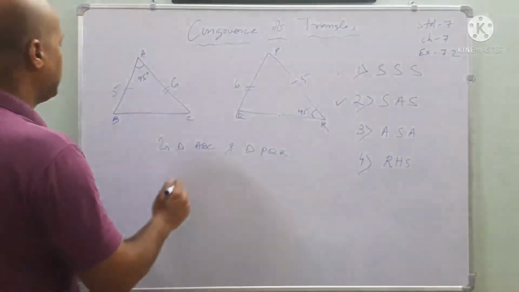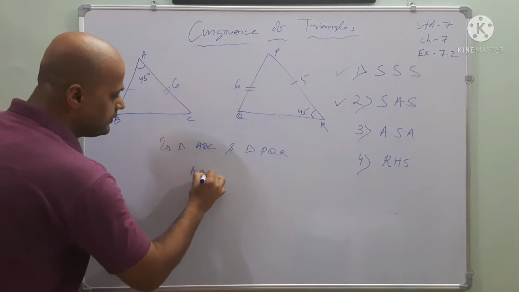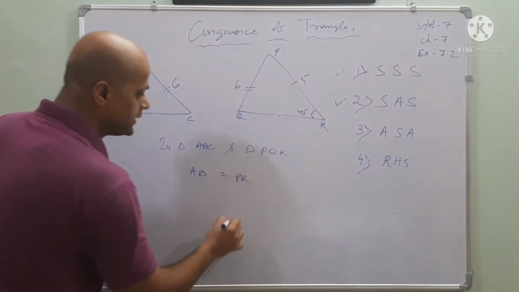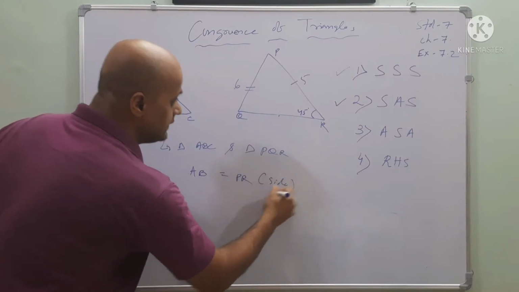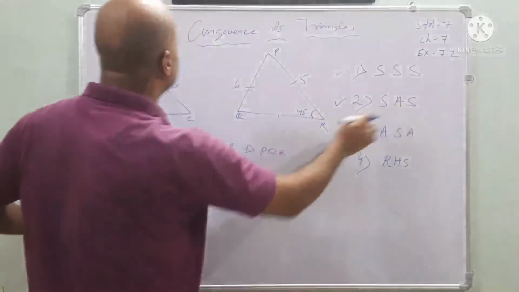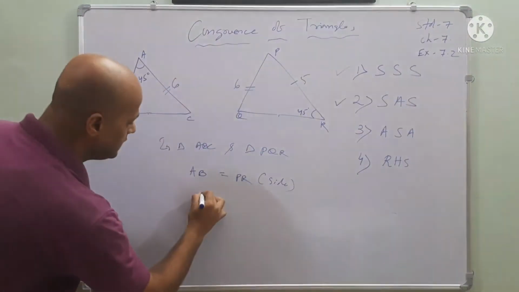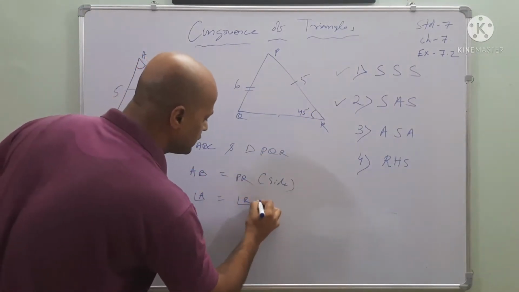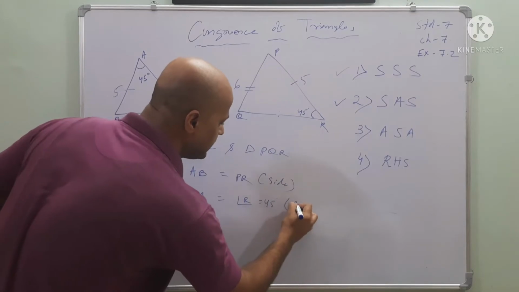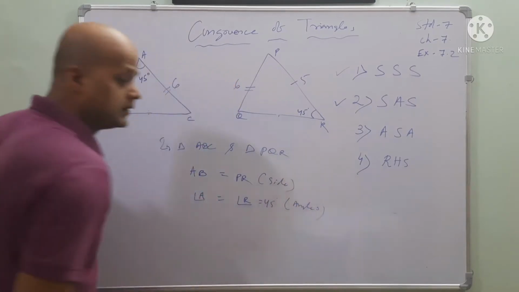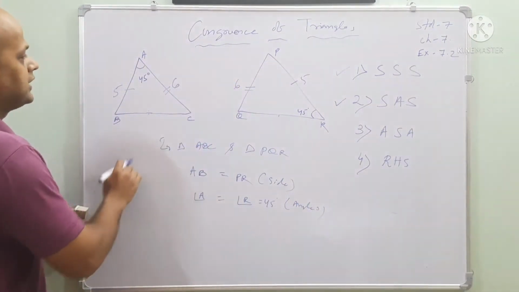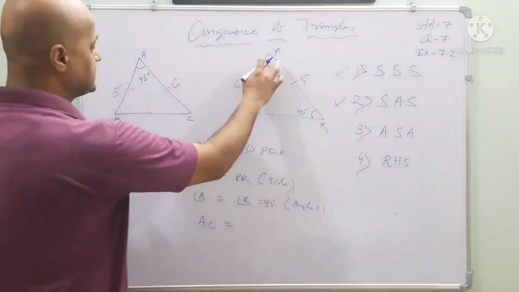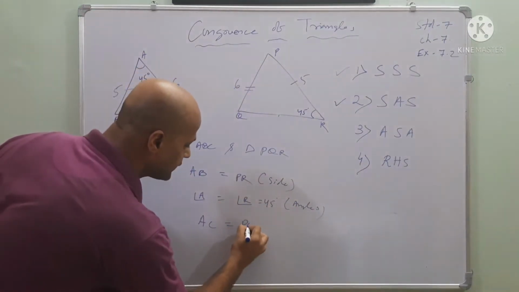Same thing. In triangle ABC, AB is equal to PR. This is a side. Next, which angle is equal? Angle A is equal to angle R, because they are 45 degree. These are the angles. Next, AC is equal to PQ.